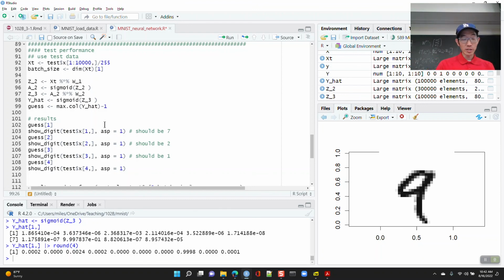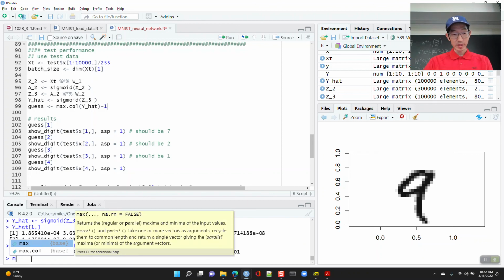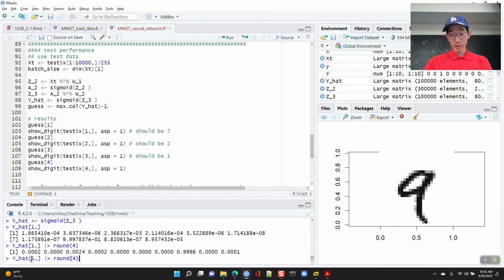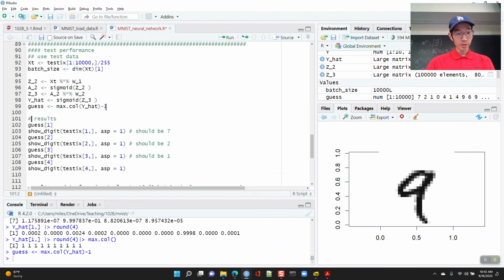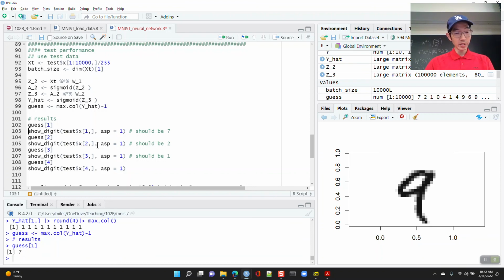So our guess here, I would basically take this thing and ask, what is the max column? Max column minus 1. And so anyway, these will be my guesses. Okay, so our first guess is a 7.